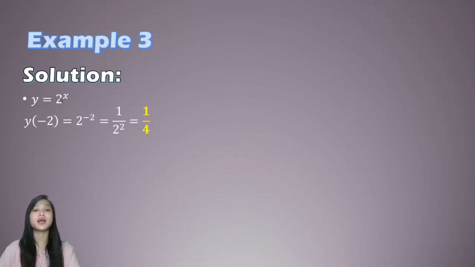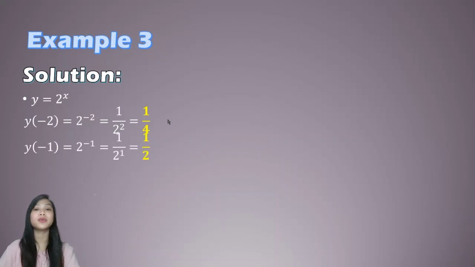Since the exponential function is in this form, our domain for these three functions is the set of all real numbers. So let's take x from negative 2 to positive 2. y of negative 2 is 2 raised to negative 2, so we just substitute negative 2 for x. That equals 1 over 2 squared, which is 1/4.